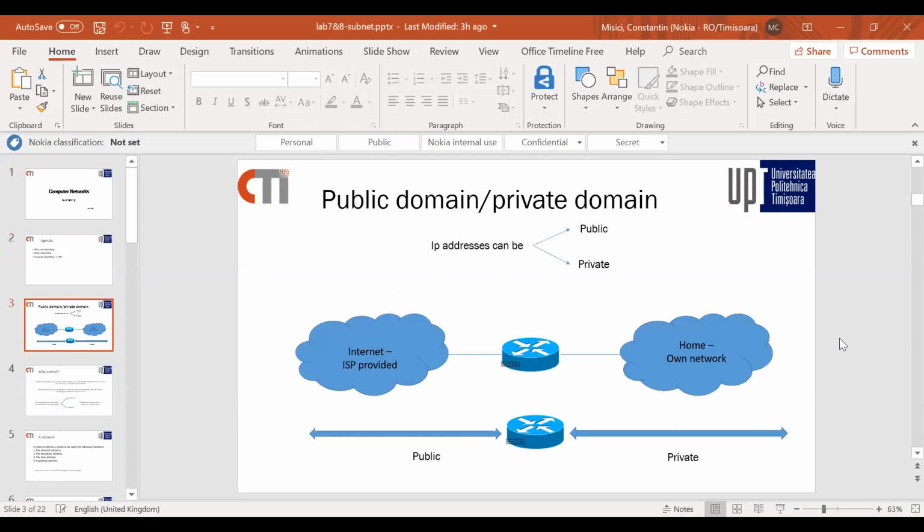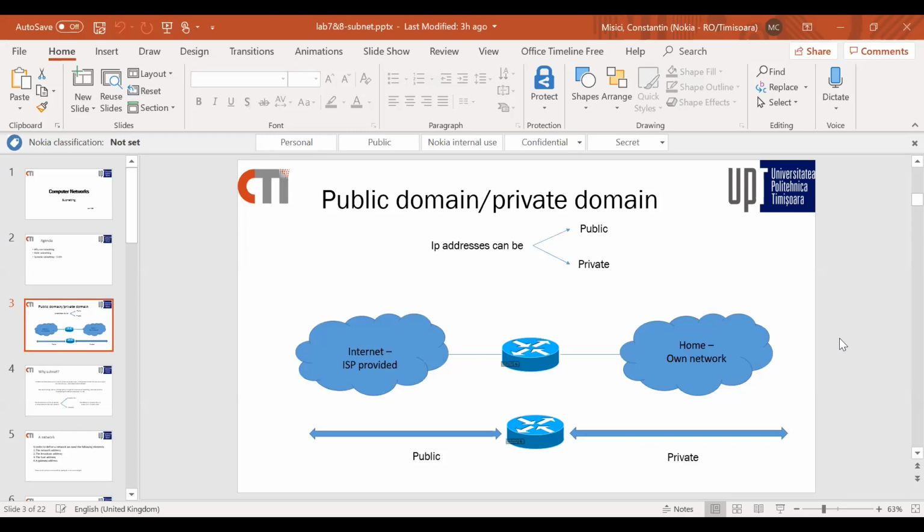Now, it's quite important that you remember that whenever we talk about IP addresses and about identities, we have 2 major blocks. We have what is called the public domain and what is called the private domain. On the public domain, those are the ones on the left of the slide, and those are granted by the internet service provider, like DG, Vodafone, UPC, Orange, Telecom, and so on.